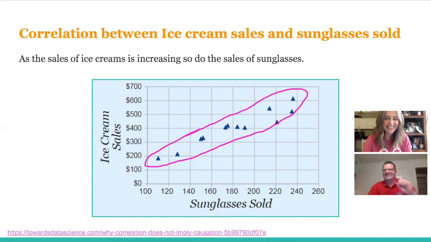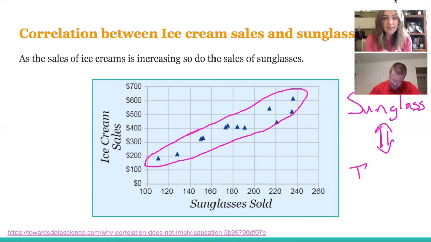But that doesn't mean, for example, that because I buy sunglasses, I'm also going to buy ice cream. That's the piece you have to be careful of. That causation piece is, do my sunglasses affect my ice cream?